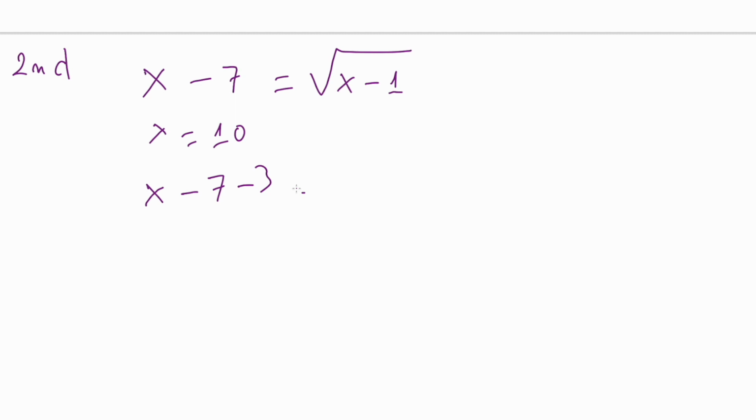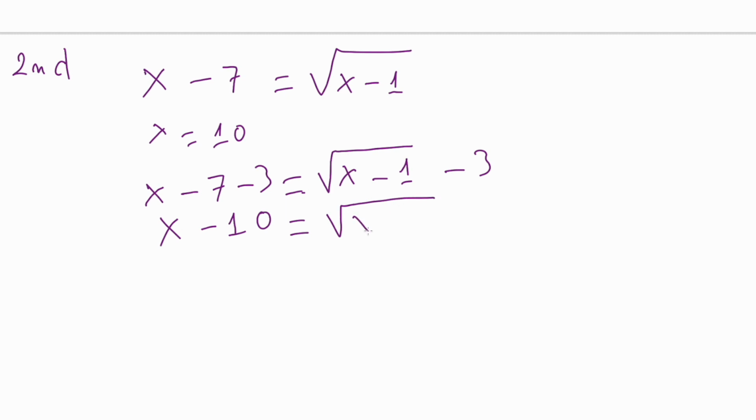And on the right side, you will have minus 3 as well. And we can rewrite it like this: x minus 10 equals square root of x minus 1 minus 3.